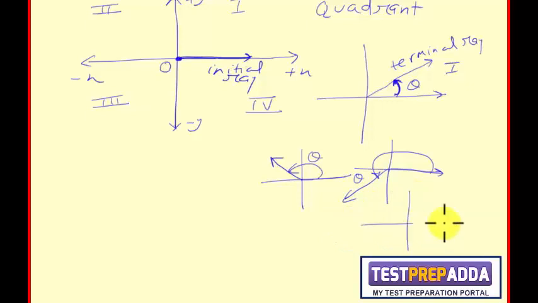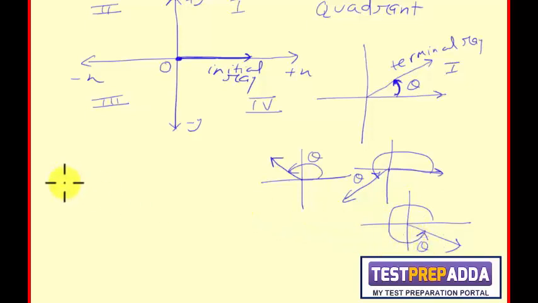Now, if I take the terminal ray in the fourth quadrant, then this will be the rotation. As you know, we have to rotate the initial ray in the anti-clockwise direction, so this will be the angle, and that is why we say the angle will be in the fourth quadrant.